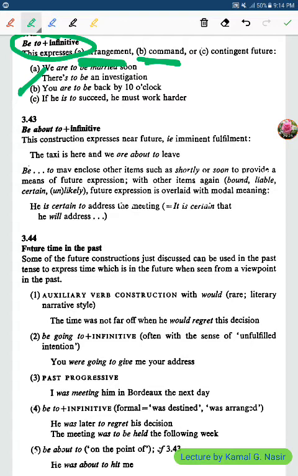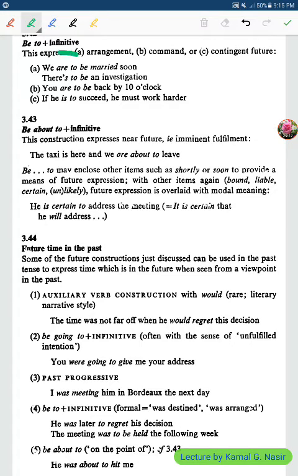And it is a future, not now. She tells him to come back at 10 o'clock and not to be late. You are to be: are, to, and the infinitive be back.